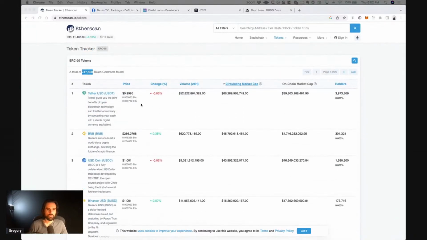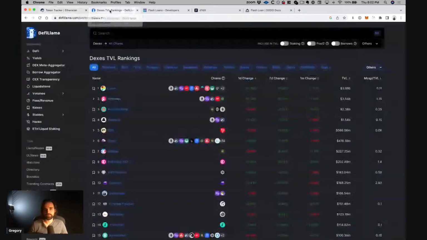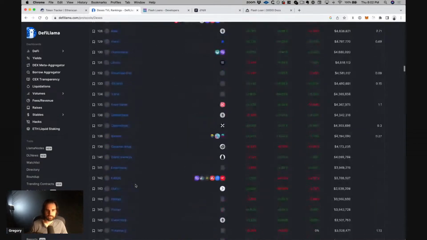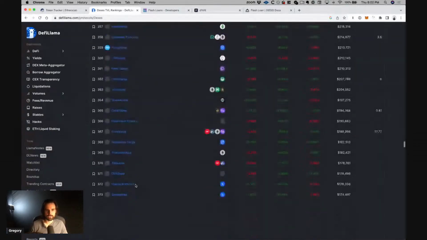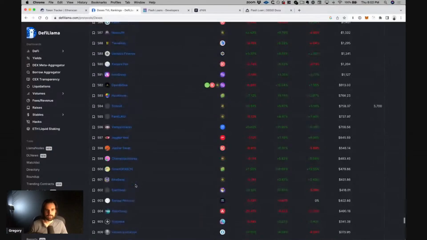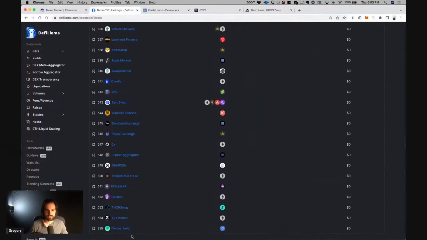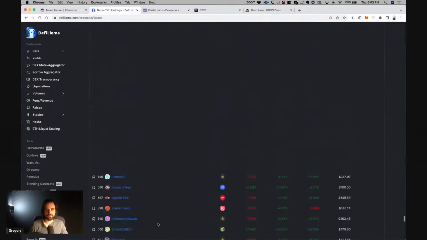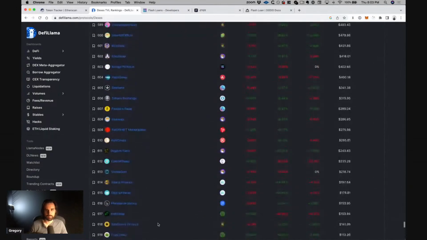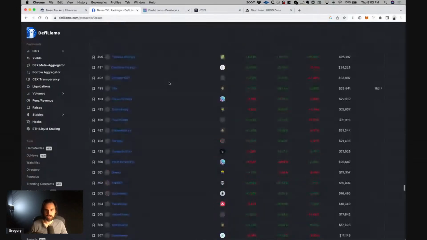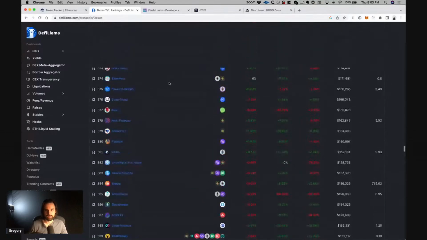Now, think about all the different decentralized exchanges out there. I just talked about two, Uniswap and SushiSwap, but here's not even a comprehensive list of all the different decentralized exchanges out there. This is 655 different decentralized exchanges. Now, some of the bottom are basically ghost towns, but let's just say the top 100.